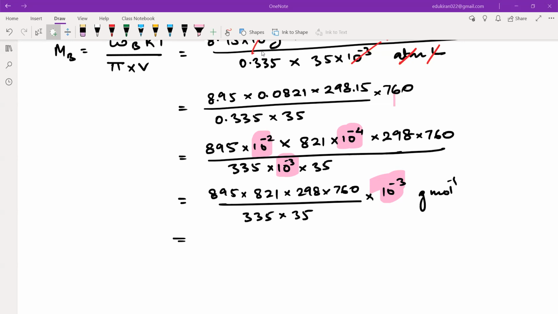Minashi, that is correct. Khalid, please look into your 10 to the power. That is not right.